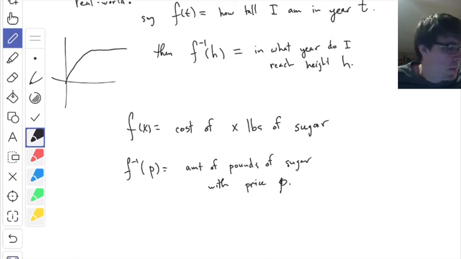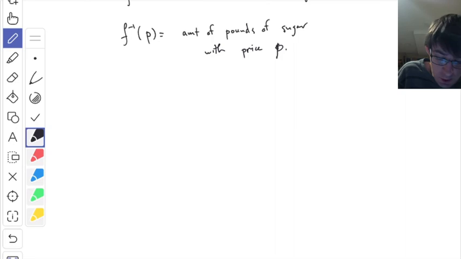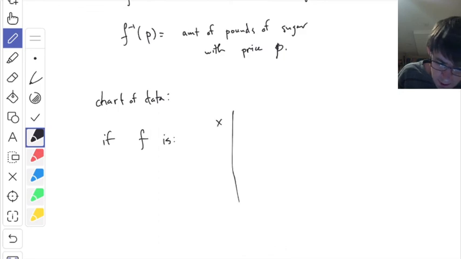All right. One more way we can think about the meaning of inverse functions is this. This may be the simplest way of all. How about inverses on a chart of data? If I have some function like this, so f is given by just telling you x values and their associated y values, and of course, if you're using a chart, you can't write down every single value, but I'll write down some values.